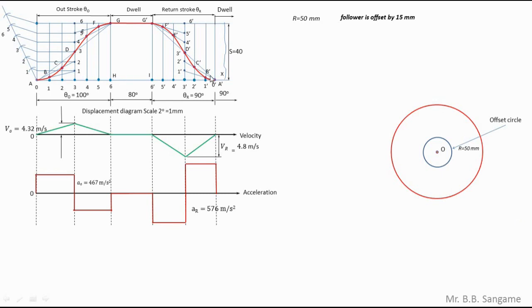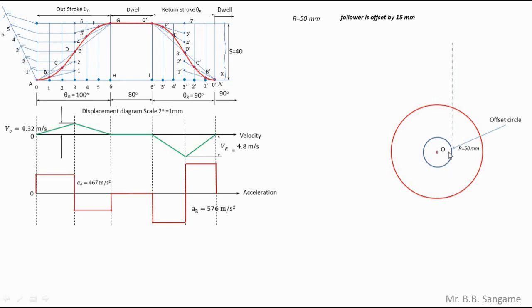So here, it is mentioned in the problem that the cam is rotating in clockwise direction. So when the cam rotates in clockwise direction, we are supposed to take the offset towards the right side, because offset is nothing but a tangent line to the offset circle. So let us draw a tangent line at this point towards the upward side.